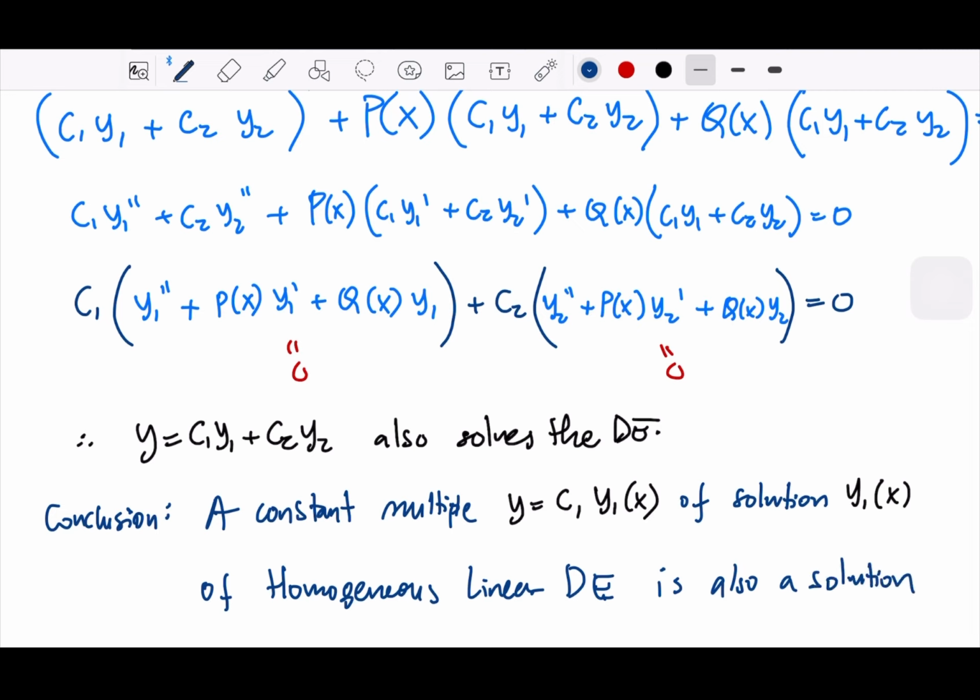So if you know the solution is y1 and you multiply with the constant, it can be a solution also.